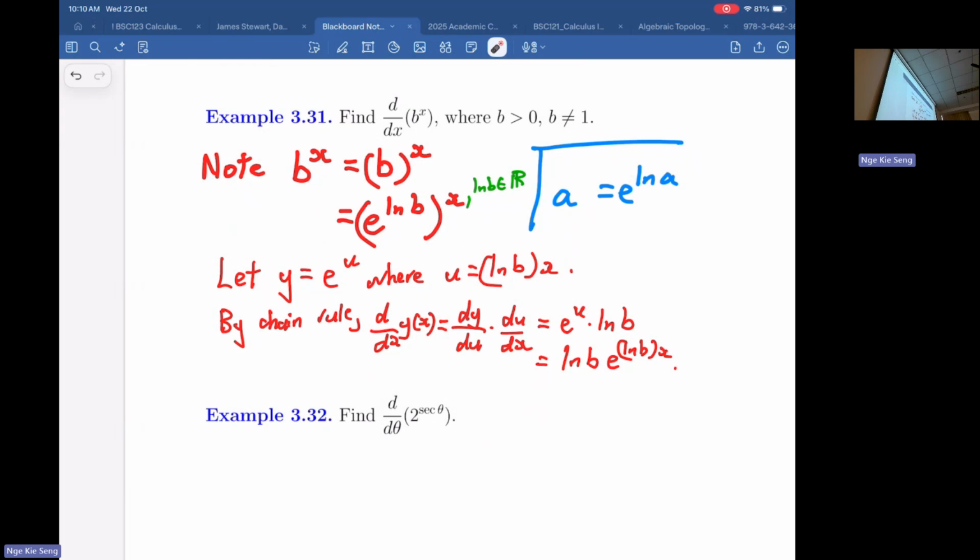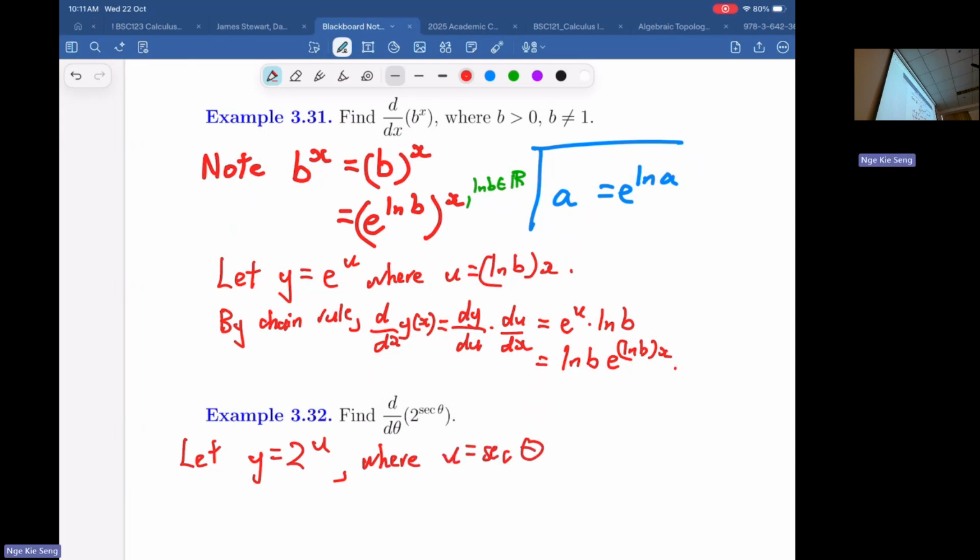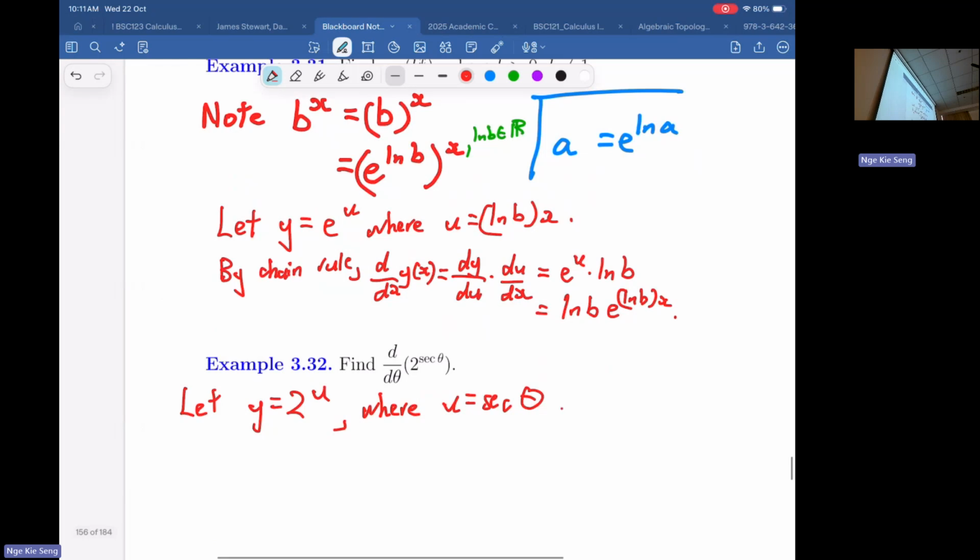What can you do to make it a variable? You can use a composite function again. Let y be 2 to the u, where u is just sec theta. Make sense? And then again, you can use the chain rule.